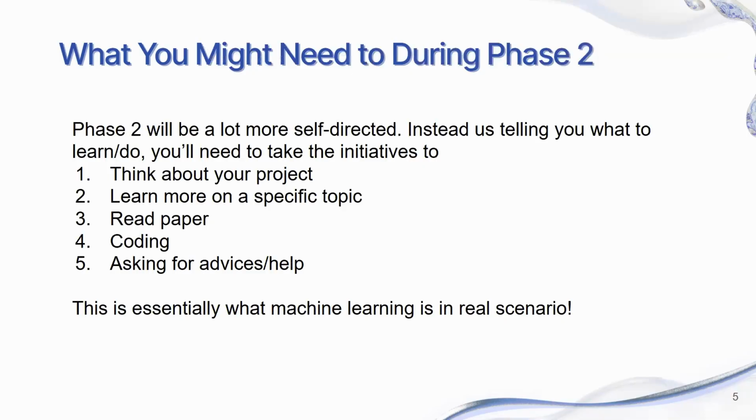And so yeah, here's something you're gonna do for phase two. It's a lot more self-directed. So it's not going to be like phase one, where we tell you, oh, let's learn this thing on week one, and then what to learn next. Instead, you should be the one taking the initiative to think about what you want to learn or what you want to do, right?